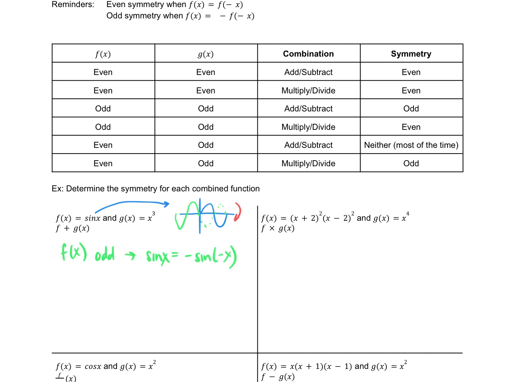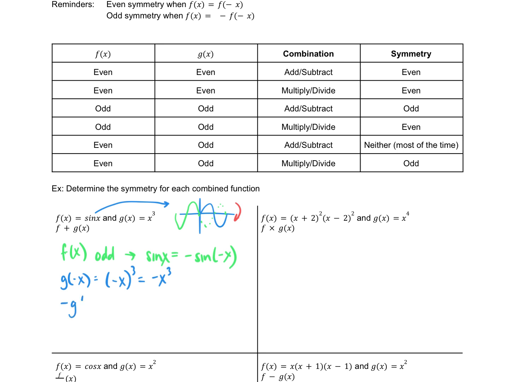And x cubed, I can think about the visual, or I can do this algebraically. So if I have g(-x), that's (-x) all cubed, which is -x cubed. That's not the same.